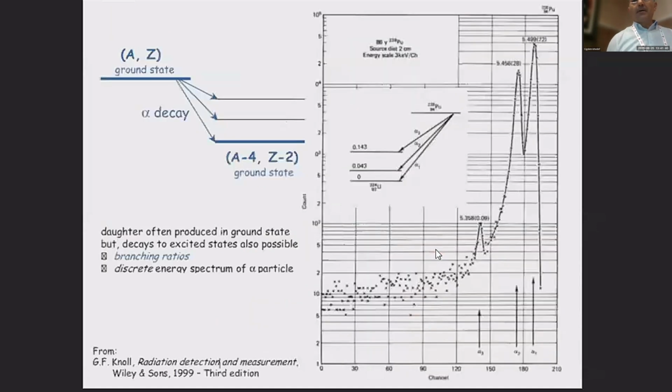Now, this is a typical example of, I don't remember, I can't see it, plutonium or similar. The idea is, as you see, there are different alpha decays. These are branching ratios, and there are different peaks for decaying.